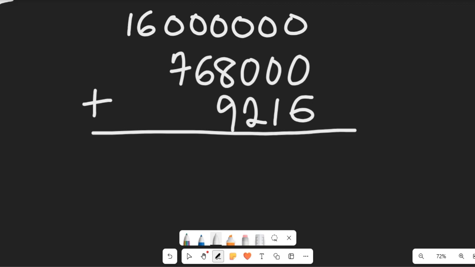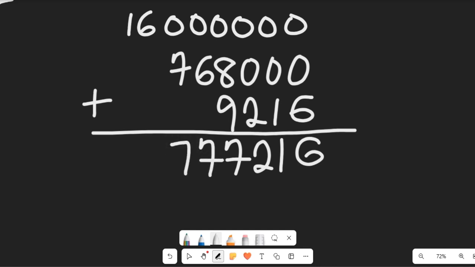If I put them in their various places and add, that expression will give me 0, 0, 0, and 6 will give me 6. 0, 0 plus 1 will give me 1. 0, 0 plus 2 will give me 2. 9 plus 8 is going to give me 17, right? We'll write 7, carry 1. 1 plus 6 is going to give me 7. 7 plus 0 is going to give me 7. And then we'll have 6. And then we'll have 1.